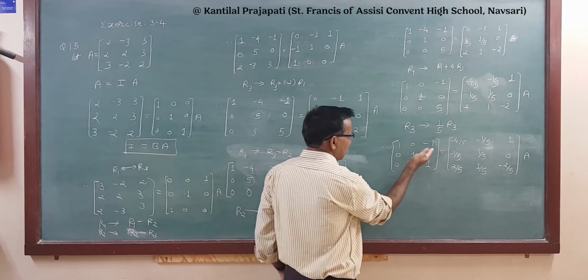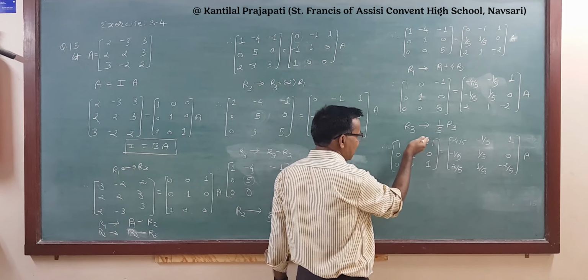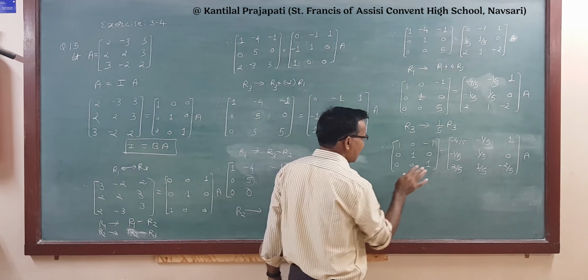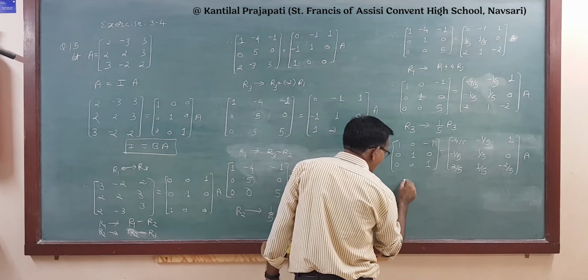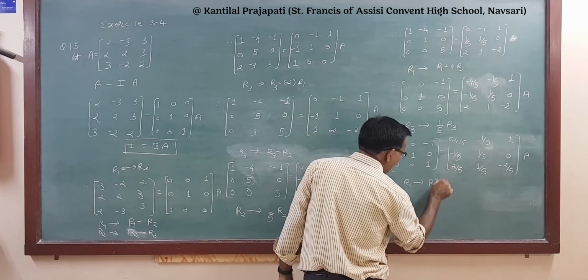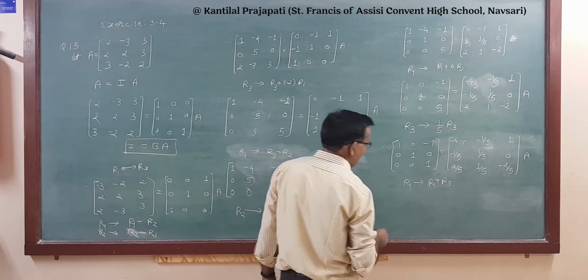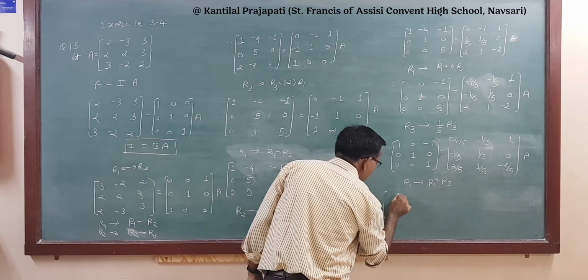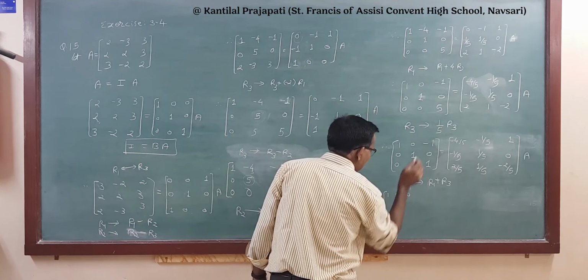So see here, minus 1 plus 1 will be 0, and then this 1 and 0 are not affected, right, by applying this notation. So R1 will be changed by applying this one, R1 plus R2. And therefore, we get here 1, 0, 0. Minus 1 plus 1 is 0.